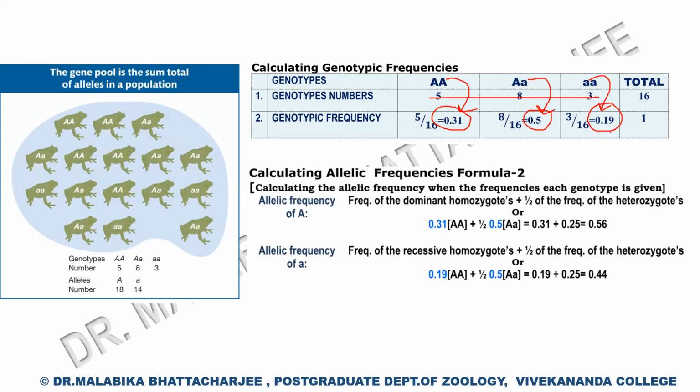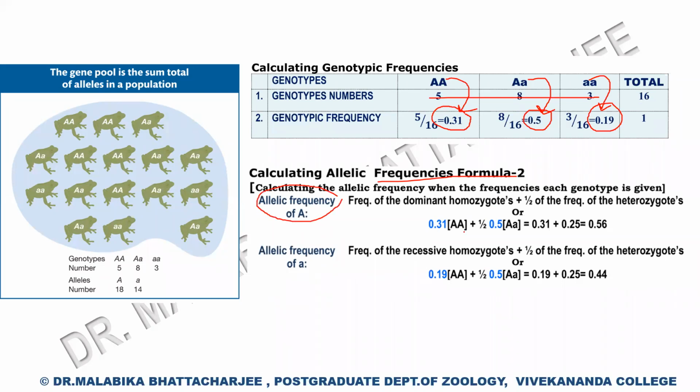The second formula is to calculate the allelic frequency from the genotypic frequency. In this case, we calculate the allelic frequency of A. How do we calculate it?